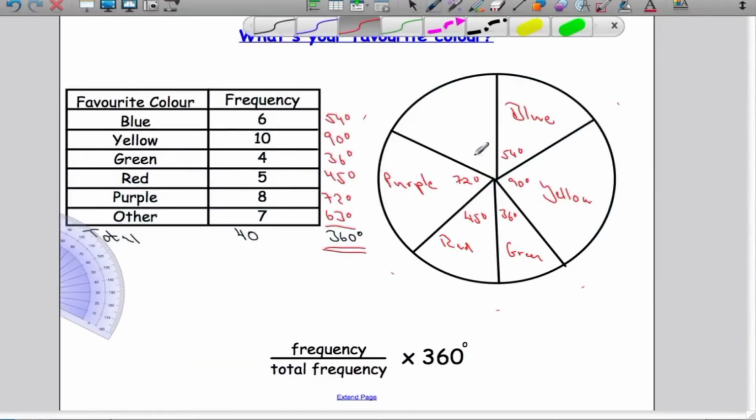This is because the circumference of a circle is 360 degrees. So we have actually succeeded in filling in the degrees of each of the angles, and I hope this exercise is very clear.